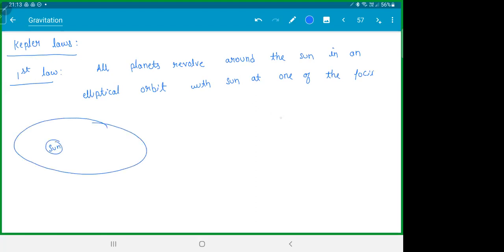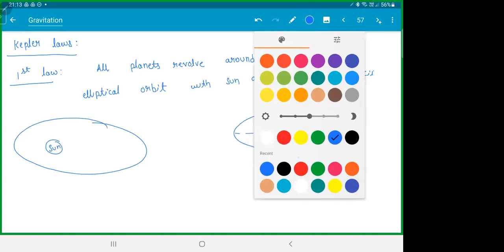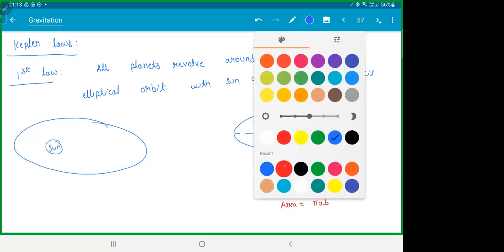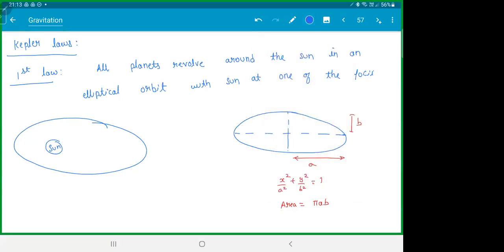And I hope you remember the properties of an ellipse, which I taught you in thermodynamics also. This is your semi-major axis. This is your semi-minor axis. The equation is x squared by a squared plus y squared by b squared equals 1, and the area is pi ab. So this is the first law. It simply goes in an ellipse.